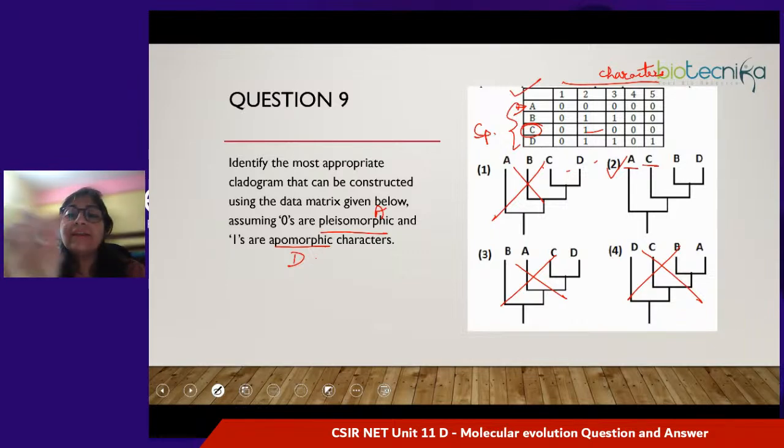Next in the line will be the one having two ancestral characters. So B has two derived characters. So next evolved will be B, and last will be D. The species that has evolved last will have the minimum ancestral characters and maximum derived characters.